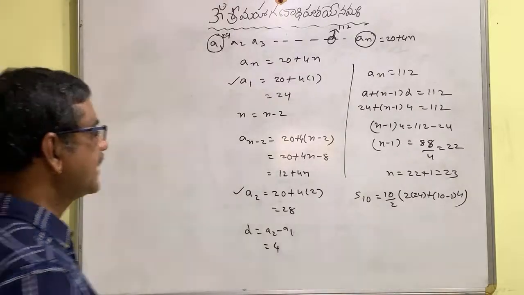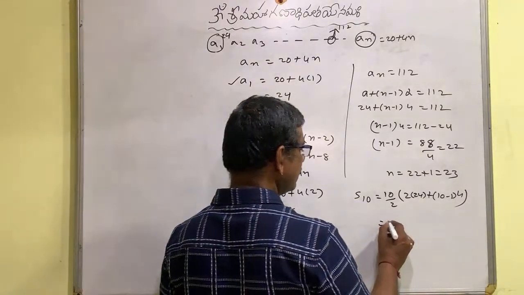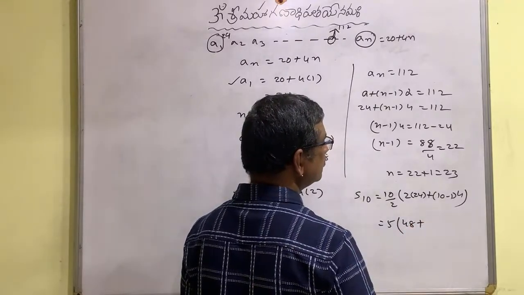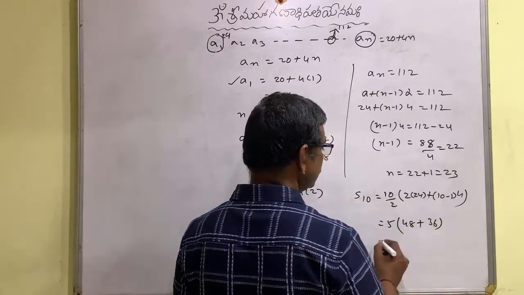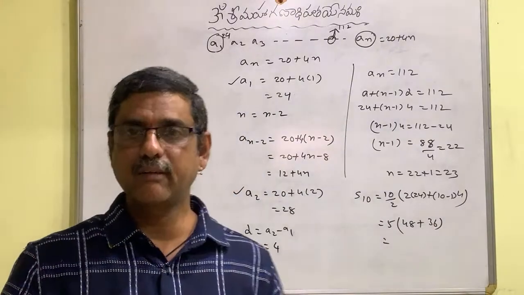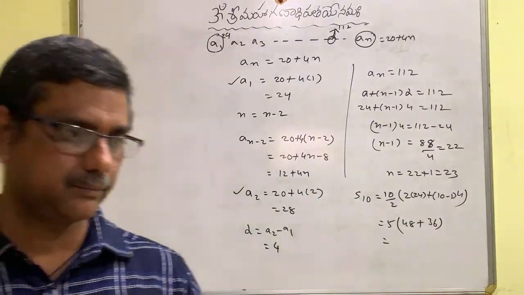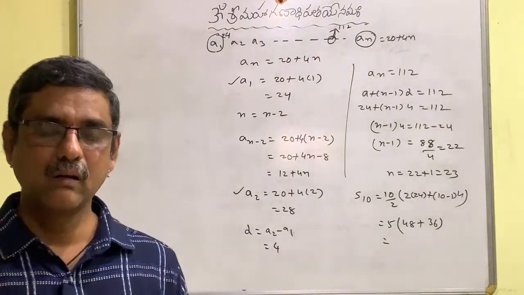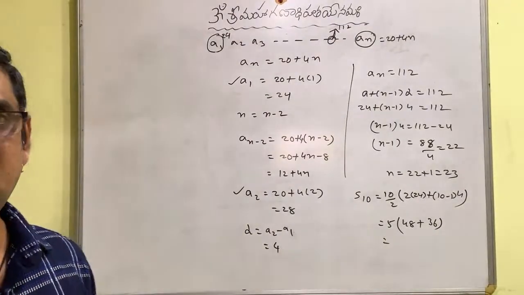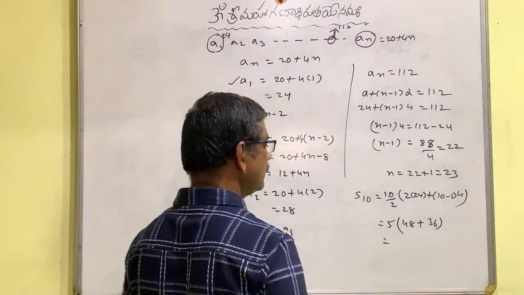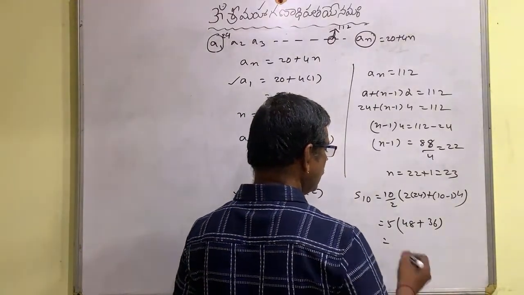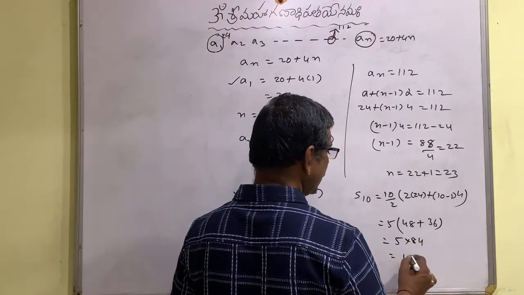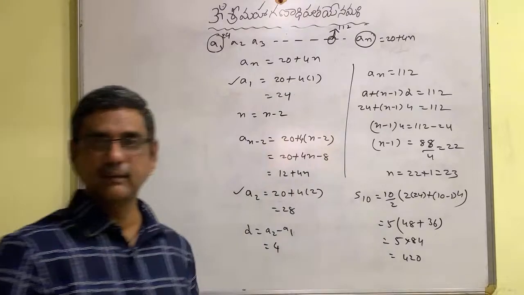Now what is the simplification for this, children? 5 into (48 plus 36). How much will it be? 5 into 84, 420.